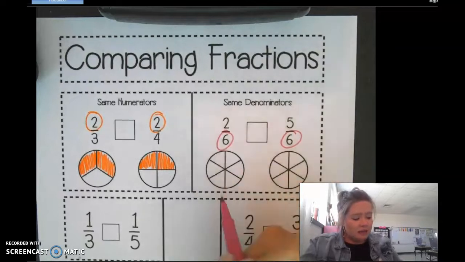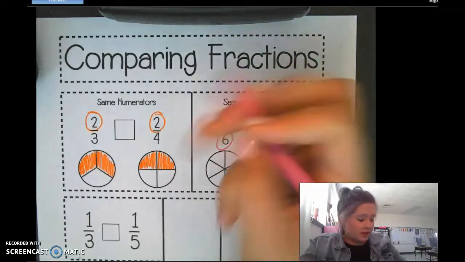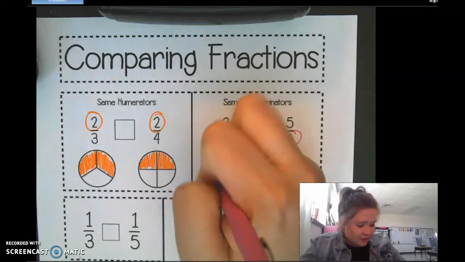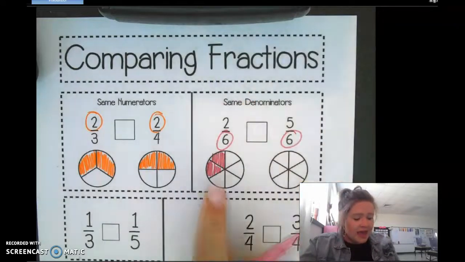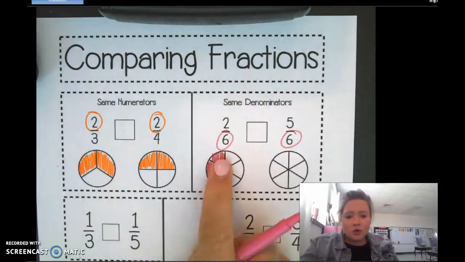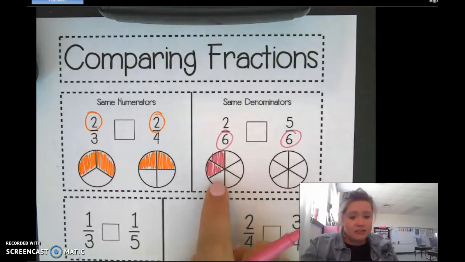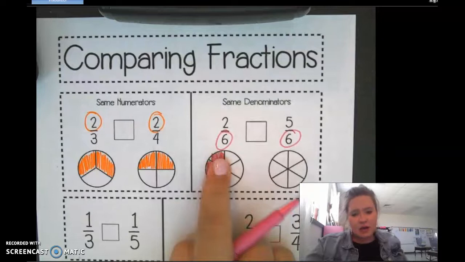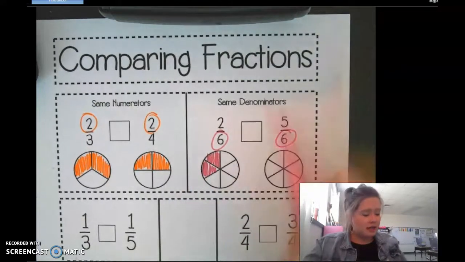So how many pieces are going to be shaded in the fraction 2/6? Good, 2 pieces. And it doesn't matter which 2 you shade. I could have shaded this one and this one. I could have shaded pieces on opposite sides. It doesn't matter. You just have to have 2 of the 6 shaded. All right?